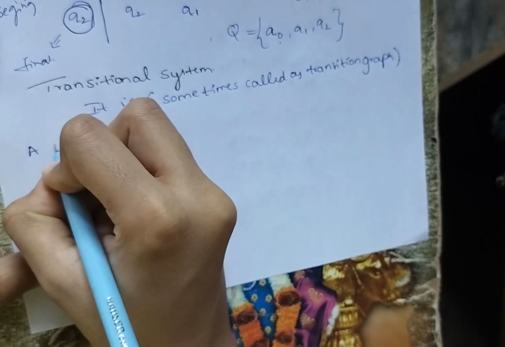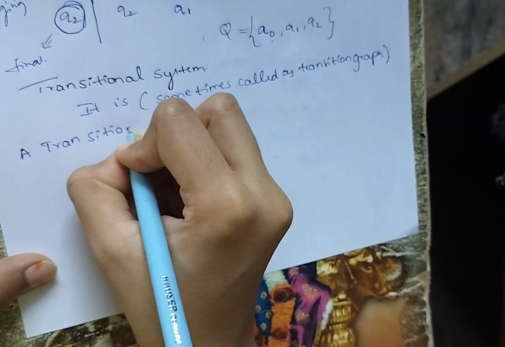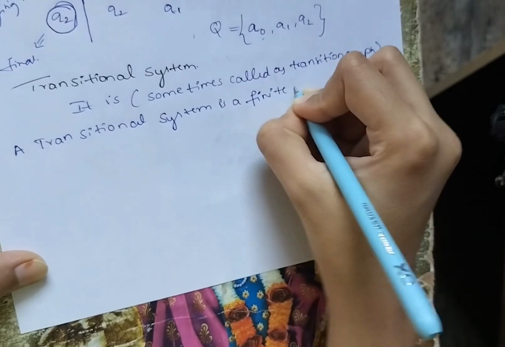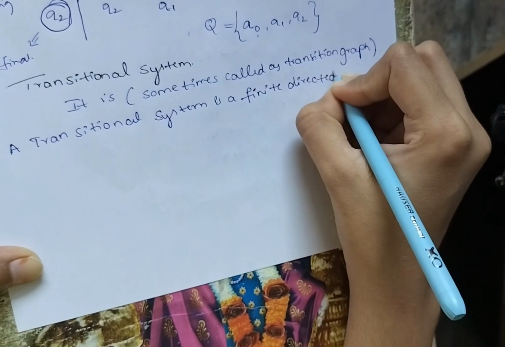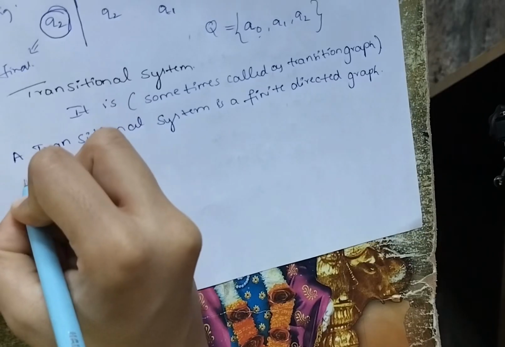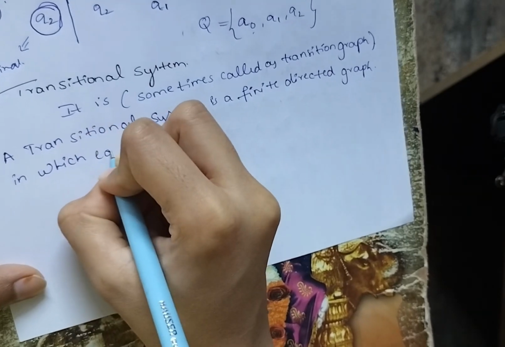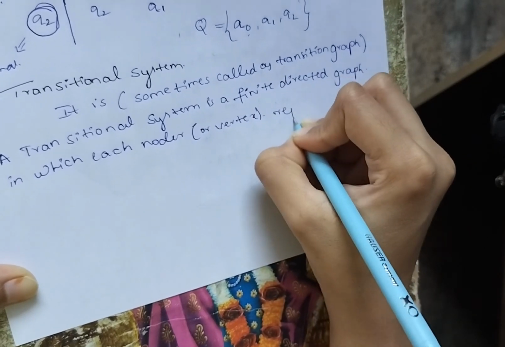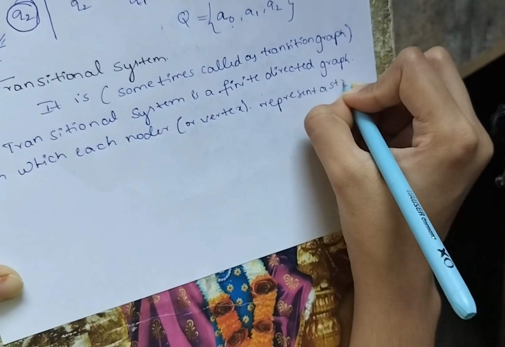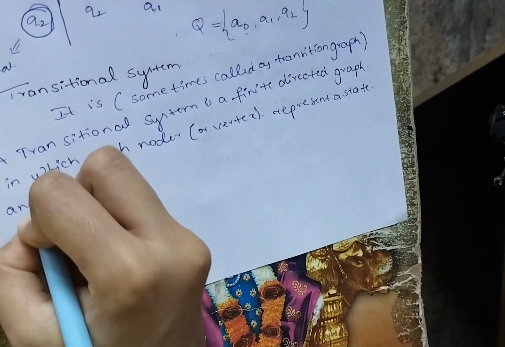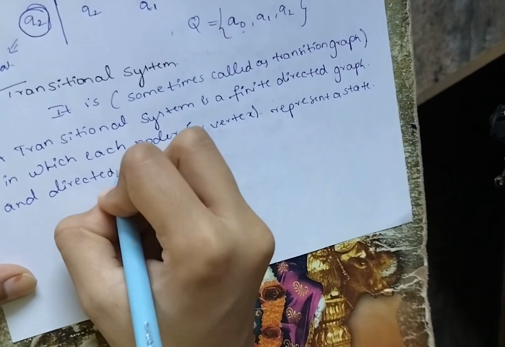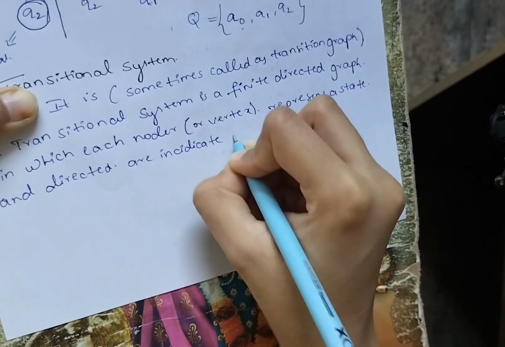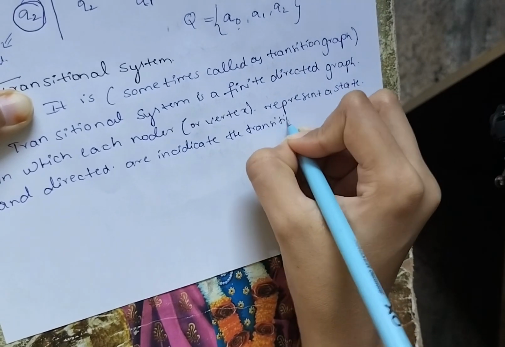Now we write the theory on that. A transitional system is a finite directed graph in which each node, also called a vertex, represents a state, and a directed arc indicates the transition of states.